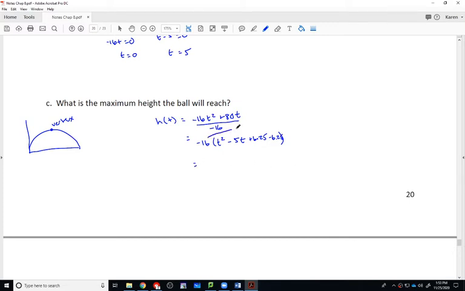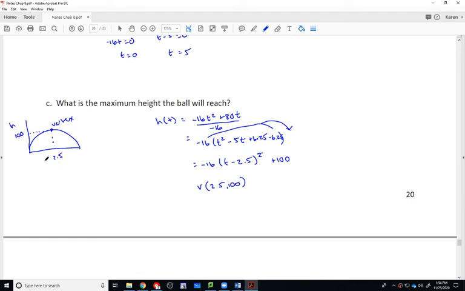I don't want the negative, so I'm going to take it out of the bracket. I'm going to end up with negative 16 times t minus 2.5 all squared. And then that negative 6.25 times the negative 16 gives me 100. Which means that my vertex is 2.5 and 100. What that means is that when x is 2.5, y is 100.